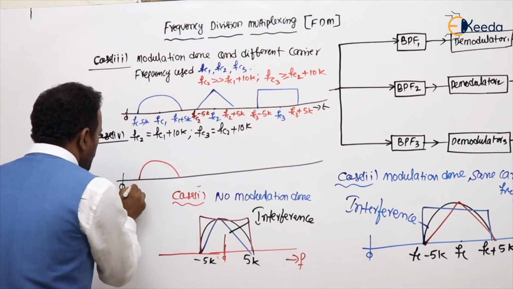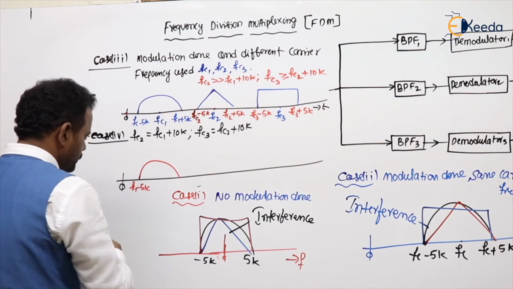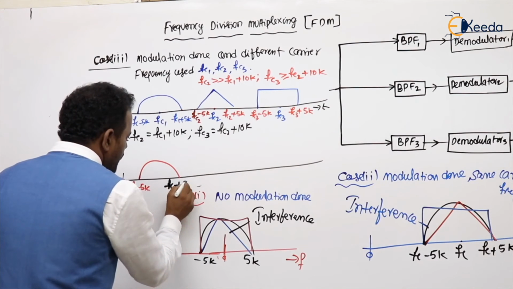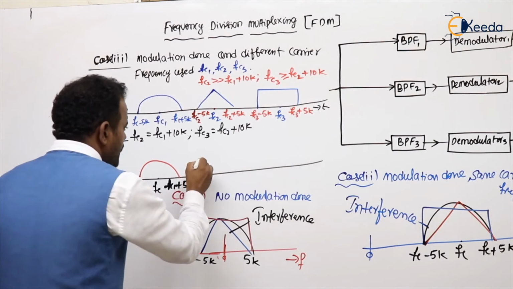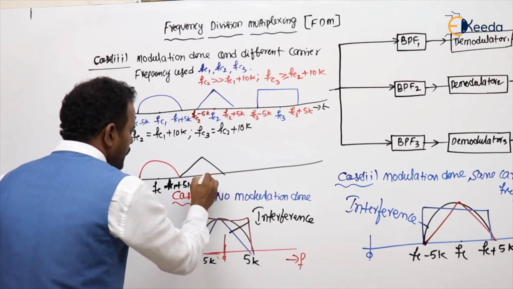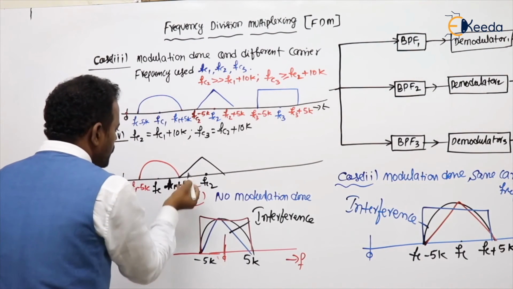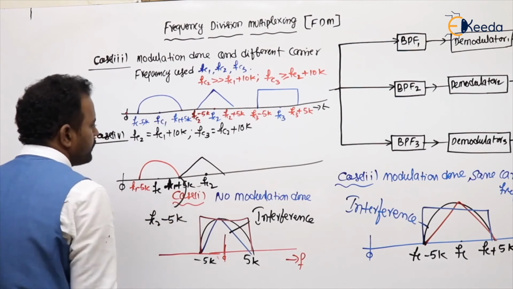So where is the first one? FC1 minus 5K, FC1 plus 5K, of course this is FC1. And the second one, sir, this is FC2, this itself is also, I'm writing here, FC2 minus 5K.